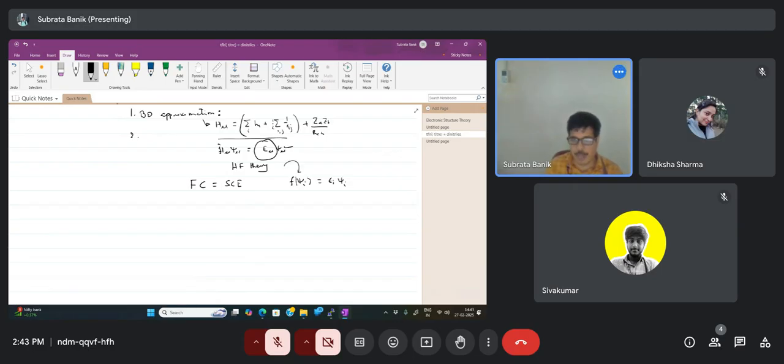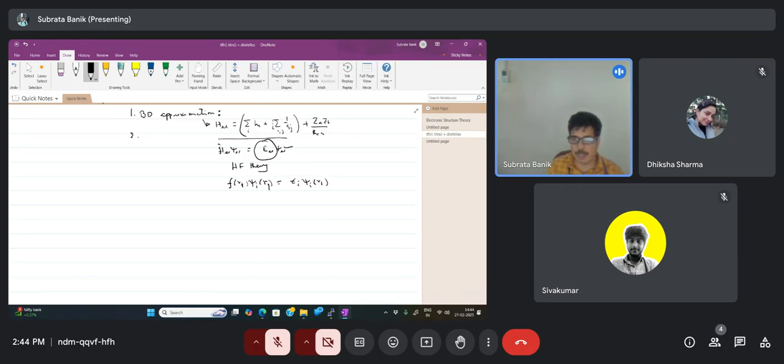What is f? f is the spherically averaged Fock operator. From here, I get f(r1) psi_i(r1) = epsilon_i psi_i(r1).